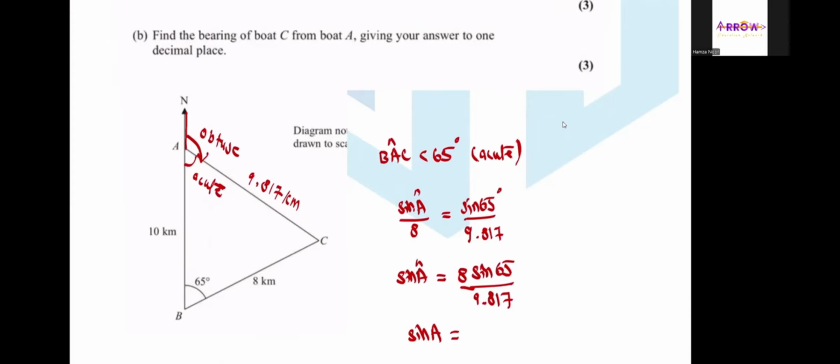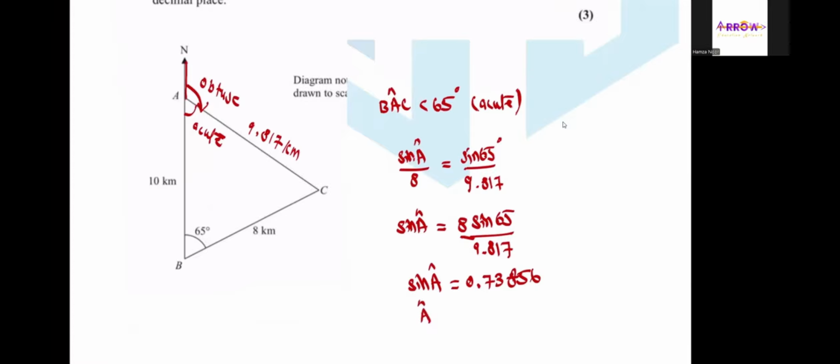So sine A is equal to 0.73856. And angle A will be equal to sine inverse 0.73856.